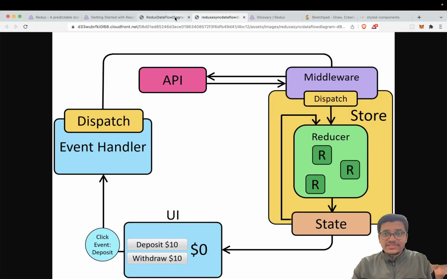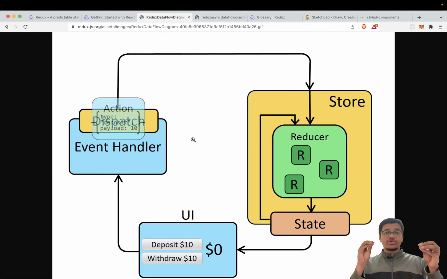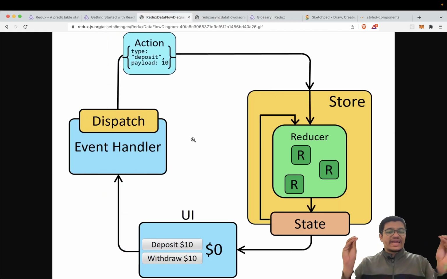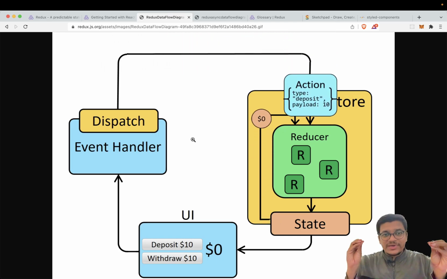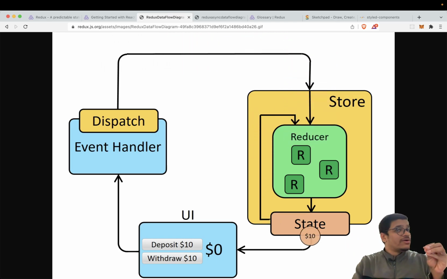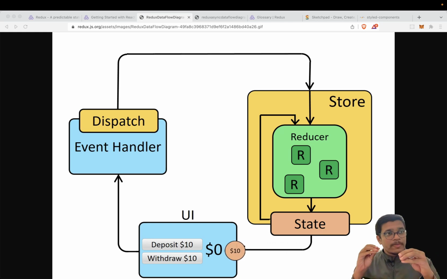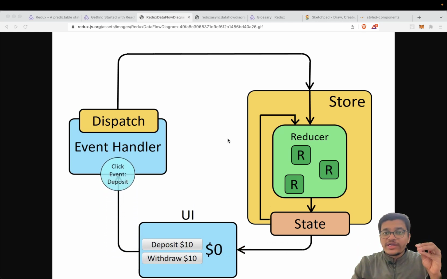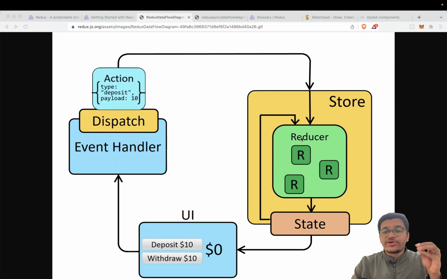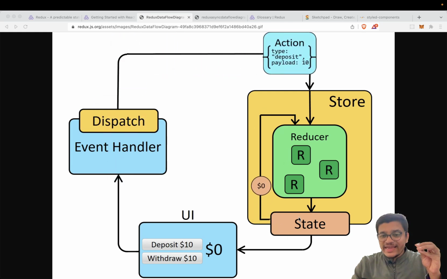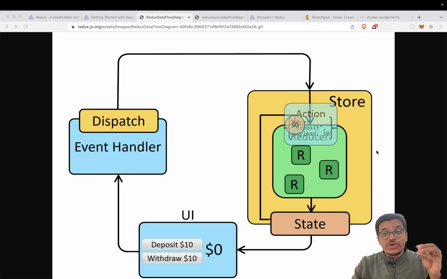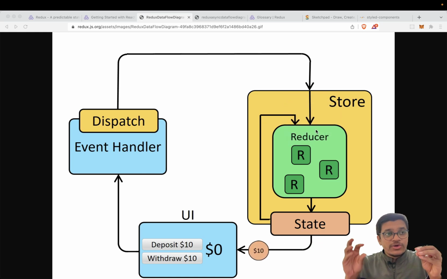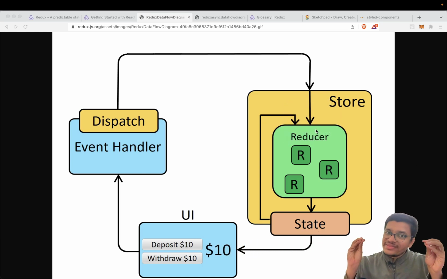remember that few fundamental things you need to accept as they are. What is a store? What is a reducer? What is the state? What is the dispatch? What is the action? You need to remember these things.